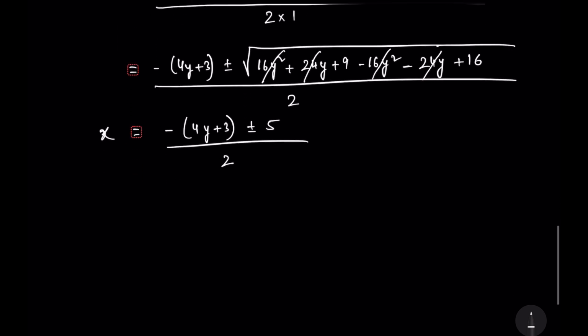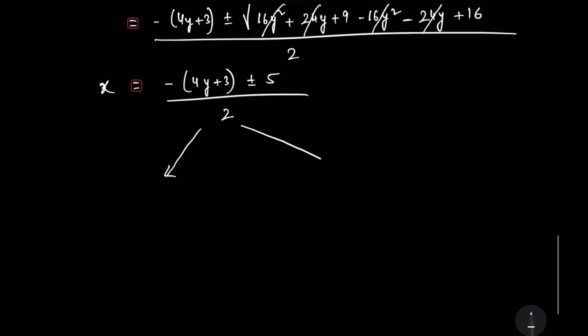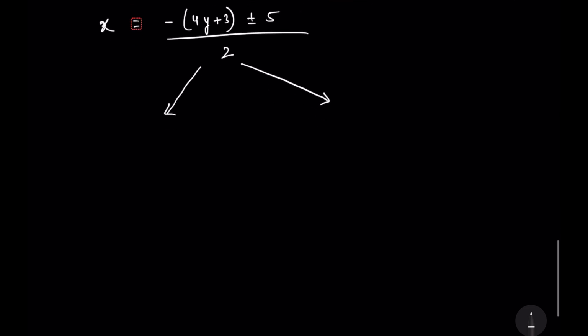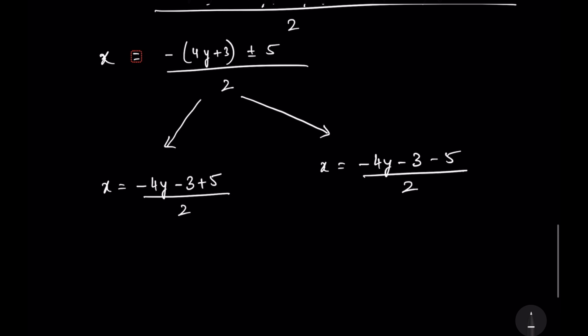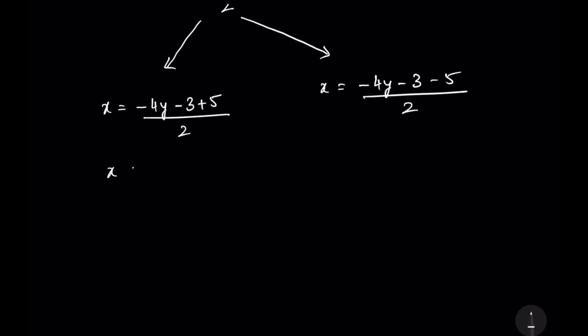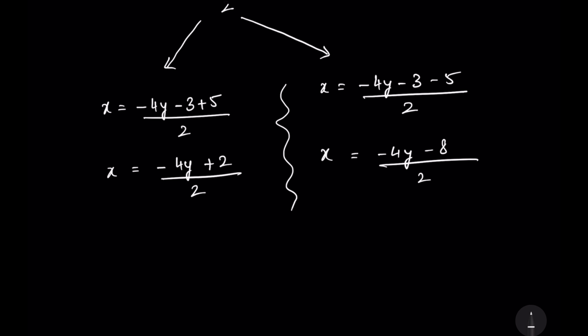So now you already have two equations over here. One is x equals minus 4y minus 3 plus 5 divided by 2. One is x equals minus 4y minus 3 minus 5 divided by 2. So you have x equals minus 4y plus 2 by 2, and x equals minus 4y minus 8 divided by 2.